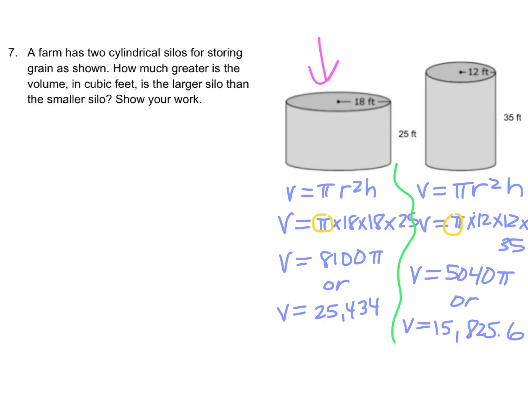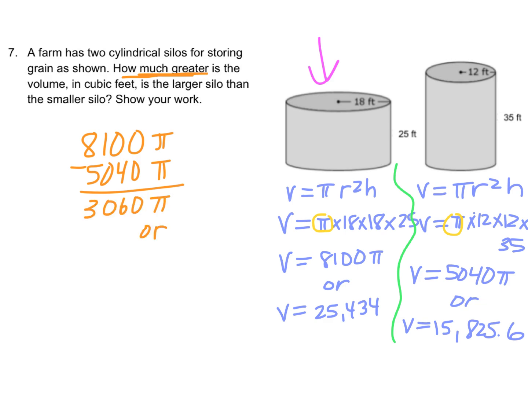So the question asks, how much bigger or how much greater is it? So that would be a subtraction problem. If I wanted to just subtract in terms of pi, my first answer, I can take 8,100 pi minus 5,040 pi, which is 3,060 pi bigger.